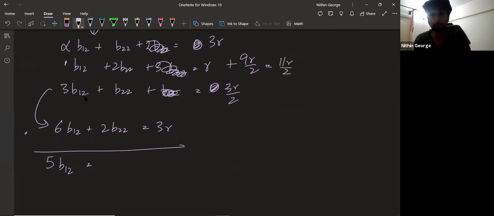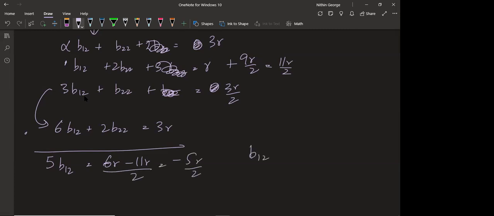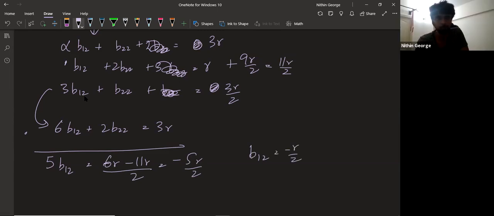So 11R by 2. 3R minus 11R by 2 means 6R minus 11R by 2, which becomes minus 5R by 2. So B12 is minus R by 2.